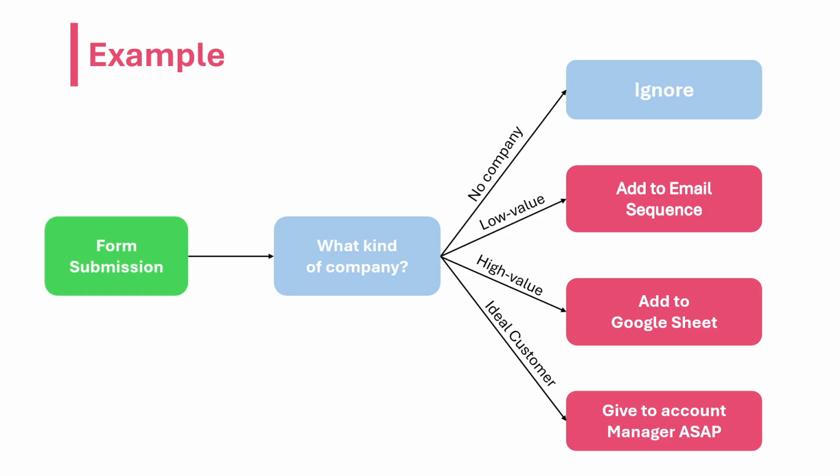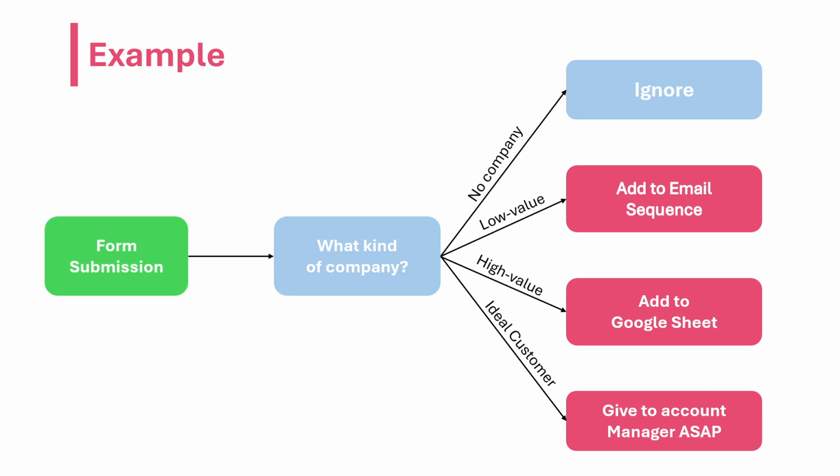So here is one example. Suppose a user fills out a contact form on your website, then he or she will submit the form, that is the form submission, then it will go to check what kind of company it is. If they check that there is no data for any company, then ignore it.